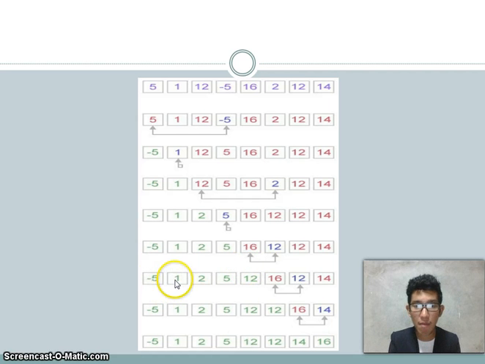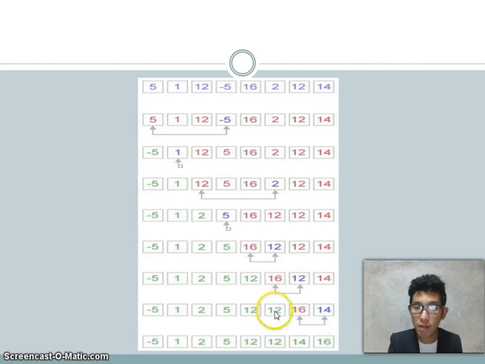So, negative 5 and 1 is sorted, 1 and 2 is sorted, 2 and 5 is sorted, 5 and 12 is sorted, 12 and 16 sorted na yan. Pero meron pang dalawang element na hindi sorted. What you are going to do is to swap the two numbers, 12 and 16.